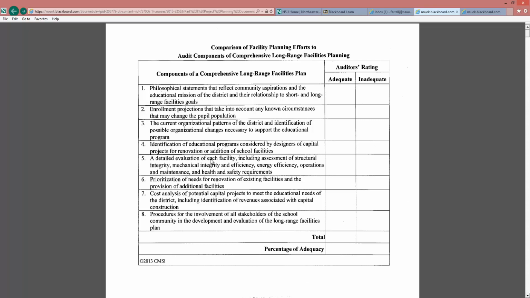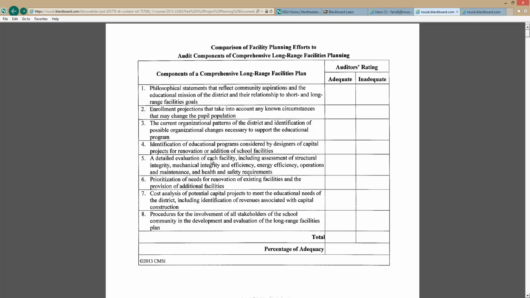Number 3 says the current organizational patterns of the district and identification of possible organizational changes necessary to support the educational program. And what we mean by that, we'll see some examples, but basically, how is the district organized?